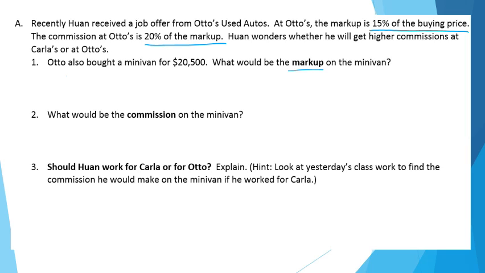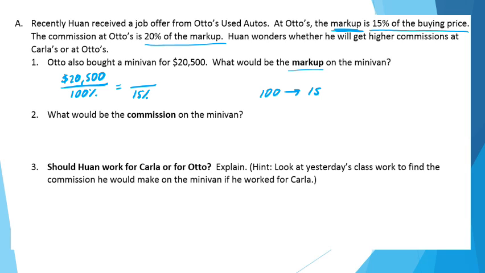Well, he bought the minivan for $20,500. That's 100% of the buying price. The markup needs to be 15% of the buying price. So I want to find 15% of $20,500. I need to find that scale factor to go from 100 to 15. I'm hoping you're feeling comfortable finding those scale factors at this point.